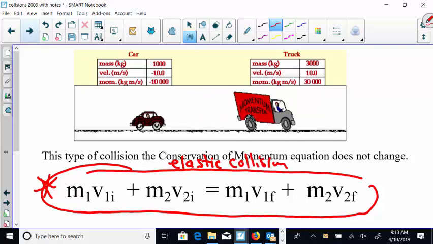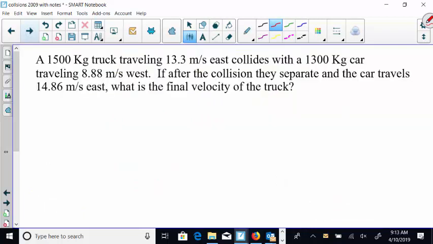Now, how does this work in a problem? So here's a problem. If you need time to write it down, just pause the video and write it down. You're going to have to pay attention to directions in these types of problems because, as we saw the other day in class, if you forget a negative sign, it makes a difference.